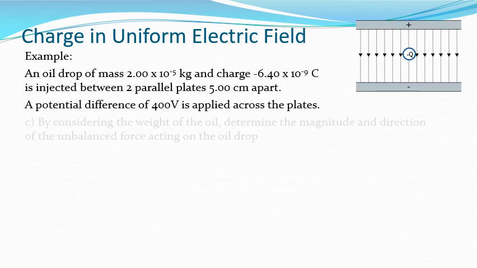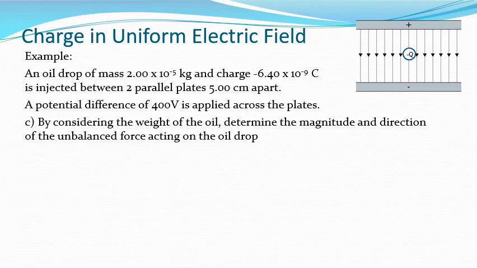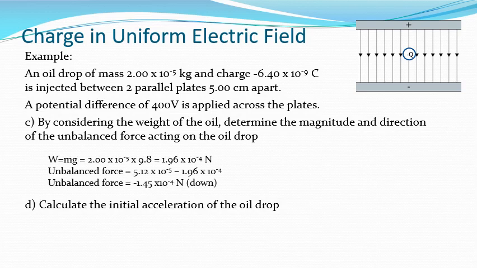So we are going to consider the weight and determine the magnitude and direction of the unbalanced force acting on the oil drop, because there are two forces acting on this drop. There is the force due to the electric field upwards, and there is the weight or gravitational force downwards. And having determined if there is an unbalanced force acting, we can calculate the acceleration of the oil drop. So the weight can be calculated in the usual way. W equals mg, multiplying the mass by the gravitational field strength.